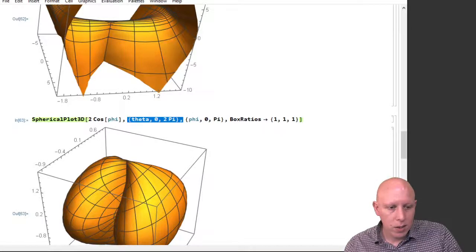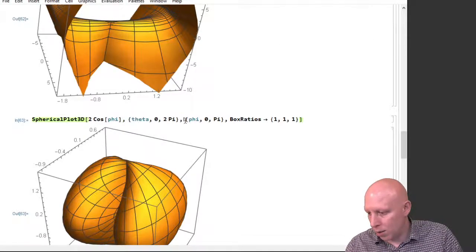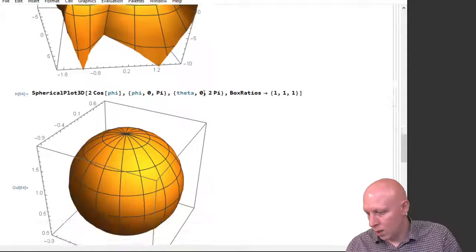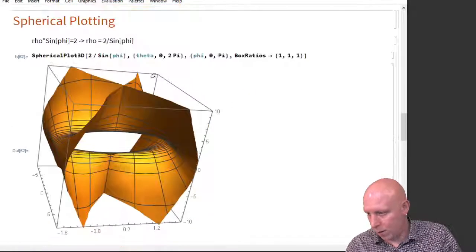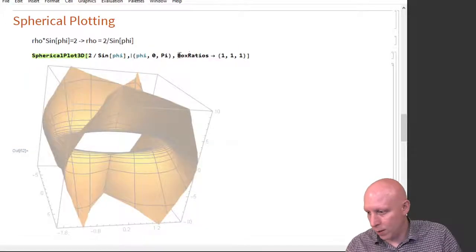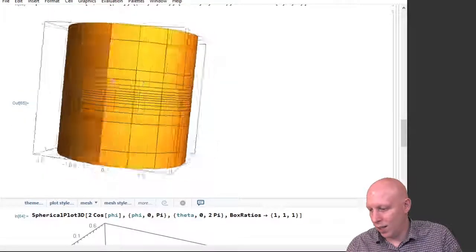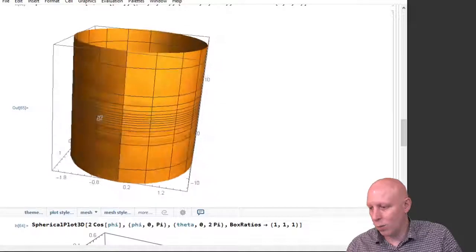Theta is supposed to be first, and phi is supposed to be second. Let's see what happens if I switch them. Oh, that was the problem. It uses theta and phi the opposite of what we're talking about. Now it's giving us what we were hoping.